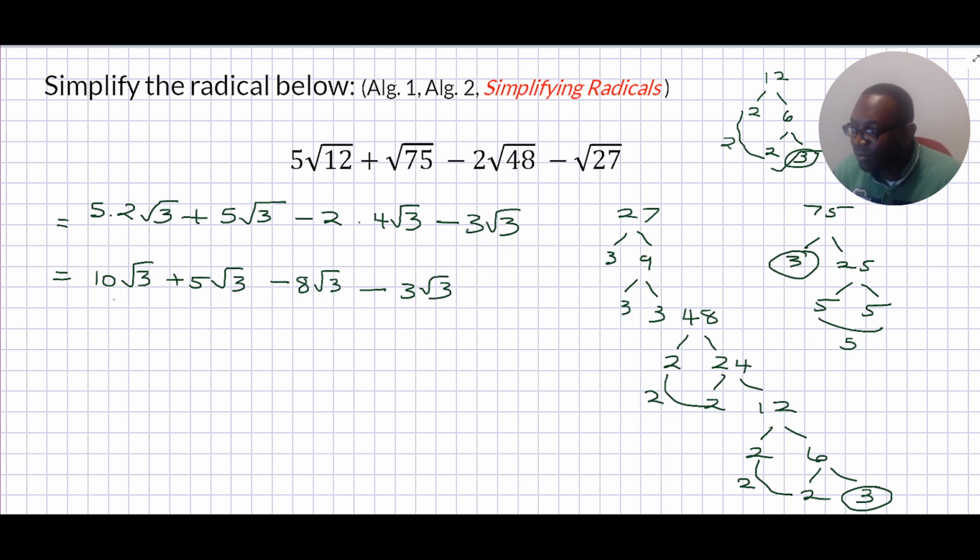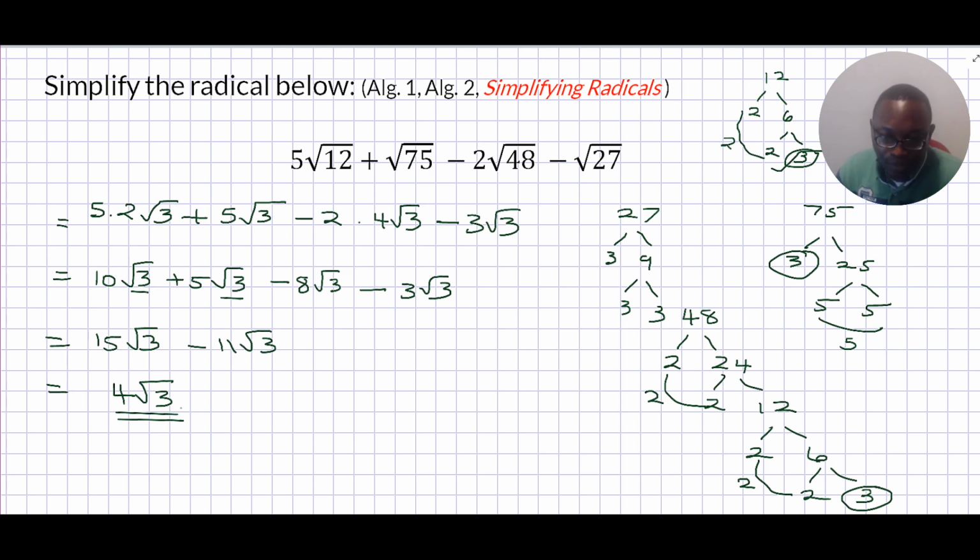So now we have 10 plus 5, because we have a common term here. 10 plus 5, we have 15 square root of 3, minus 8 minus 3, minus 11 square root of 3. So 15 minus 11 is 4 square root of 3. So this is the answer to this problem.